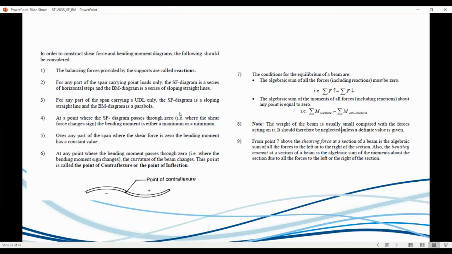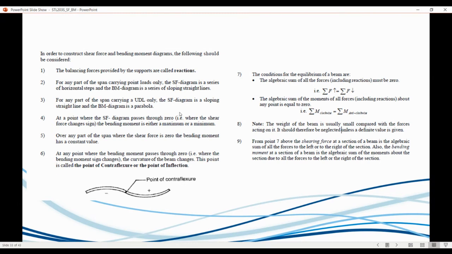So there's a relationship between the shear force and bending moment. When the shear force is 0, the bending moment is at a maximum or minimum. It's always going to line up like that. If it's not lining up like that, there is a problem.